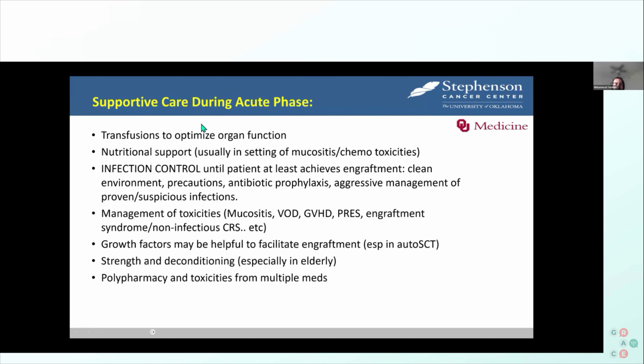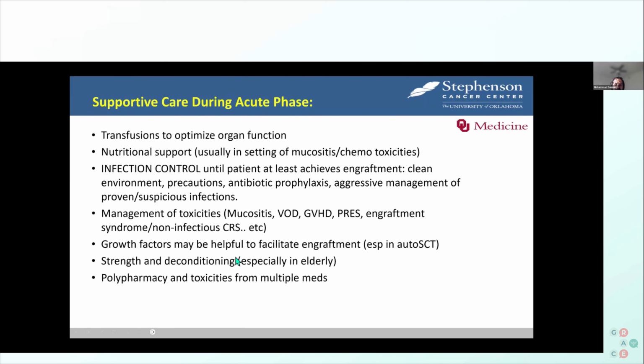Supportive care, very, very important. The main reason the patients are living longer and better after allogeneic stem cell transplants. You do transfusions, you give a lot of nutritional support, infection control, extremely important, antibiotic prophylaxis, precautions, environment control, and if there is any fever or anything, aggressive management.